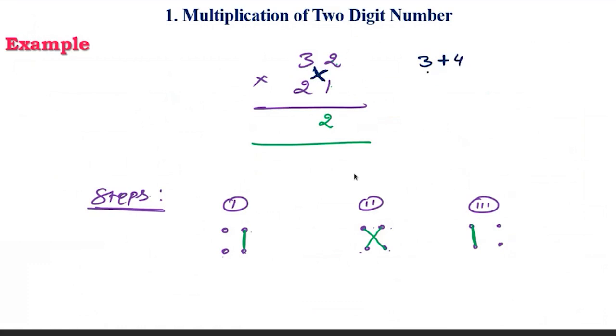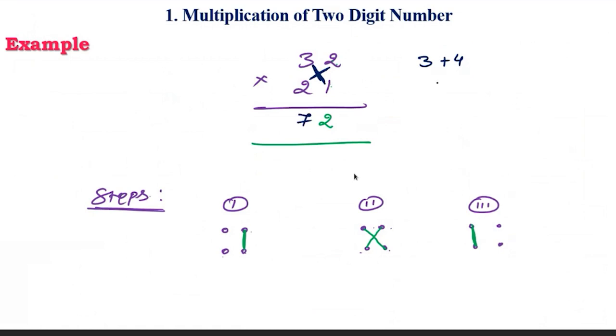Now add this 3 plus 4. Somebody might make a mistake and write down multiplication between these 2 numbers. No, you multiply within each pair, and then add these 2 results. So we have a 7.